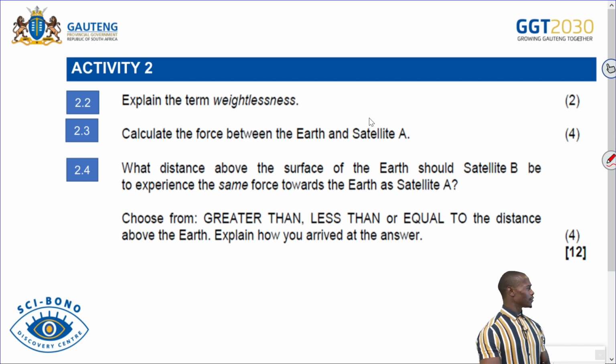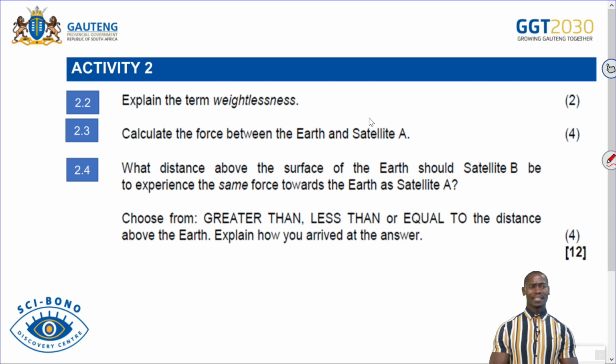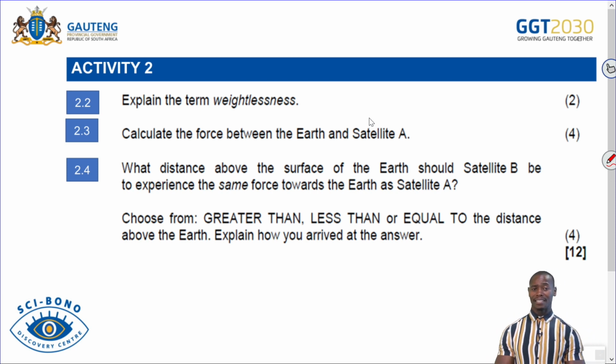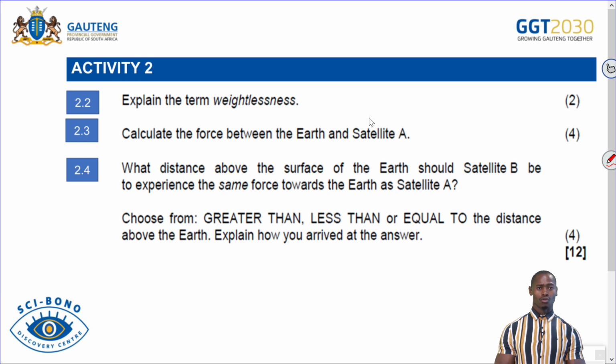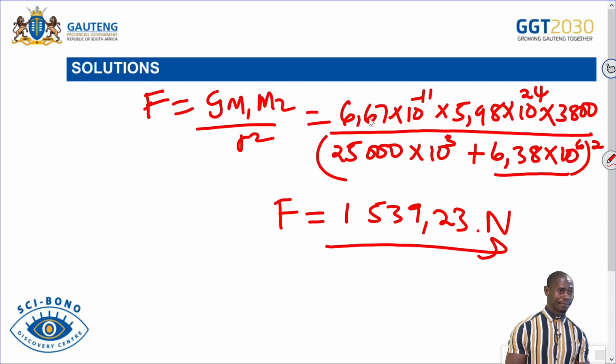Then 2.4: what distance above the surface of the Earth should satellite B be to experience the same force towards the Earth as satellite A? Choose from greater than, less than, equals to the distance above the Earth. Explain how you arrived at your answer.